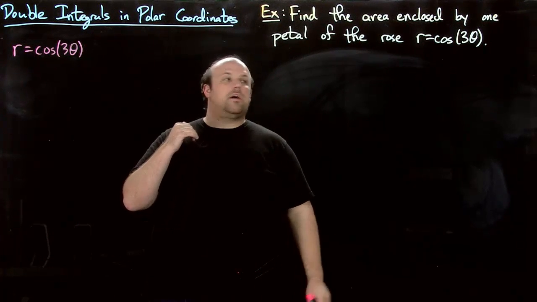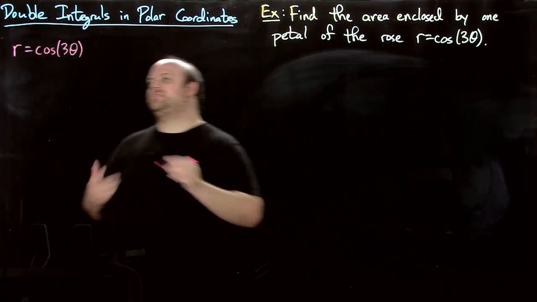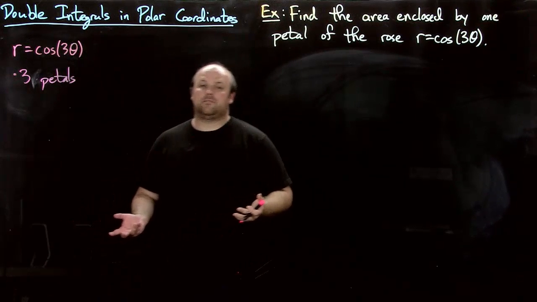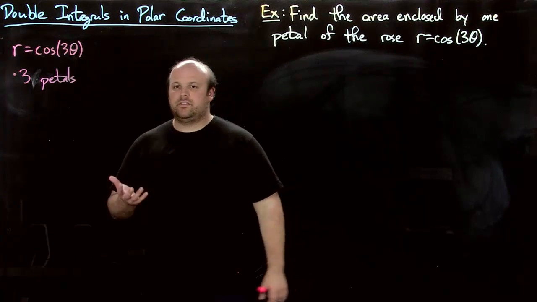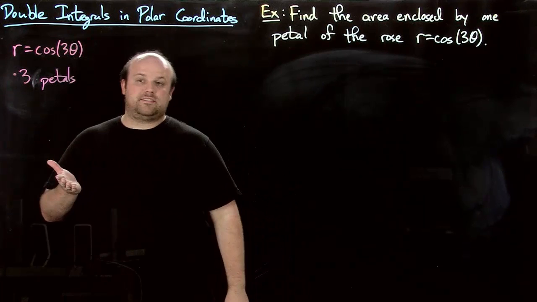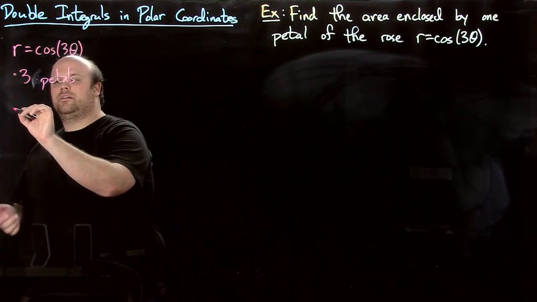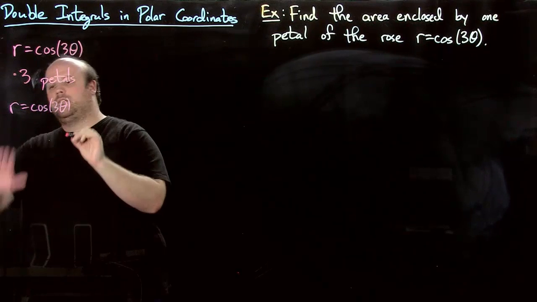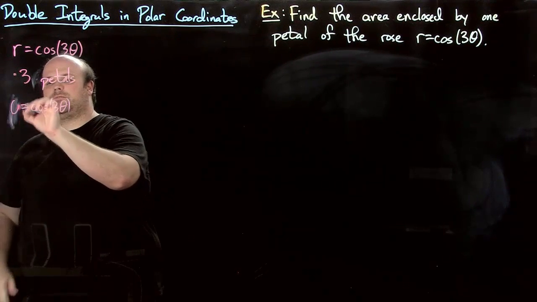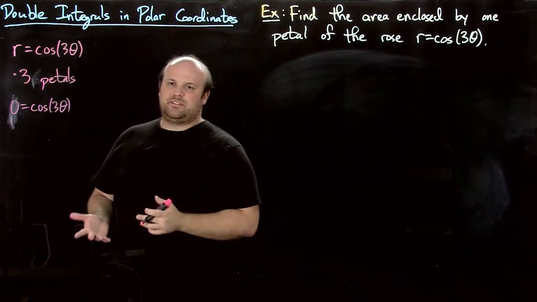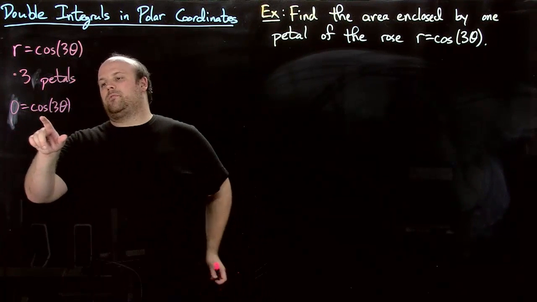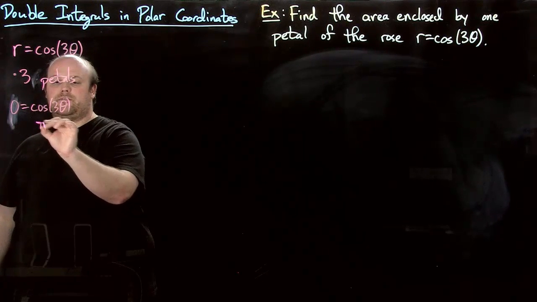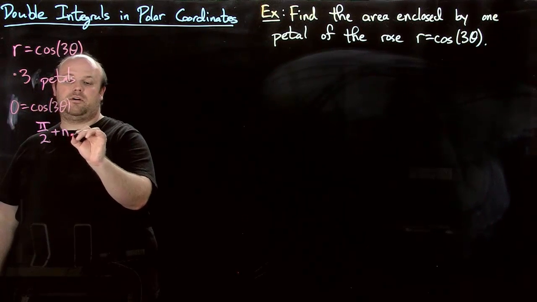Well, 3 is odd, so this guy has 3 petals. That's some important information. And then another thing we could use is, when is it 0? So cosine 3 theta, actually let's skip the r here and just write 0. When does that equal 0? Well, we know that cosine is 0 at pi over 2 plus n pi.